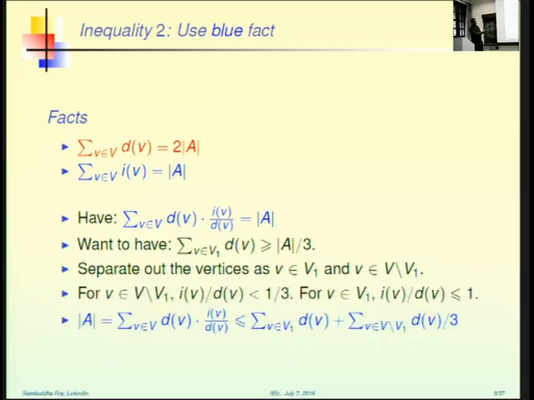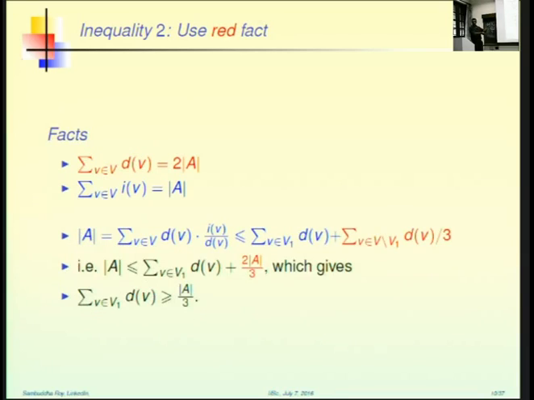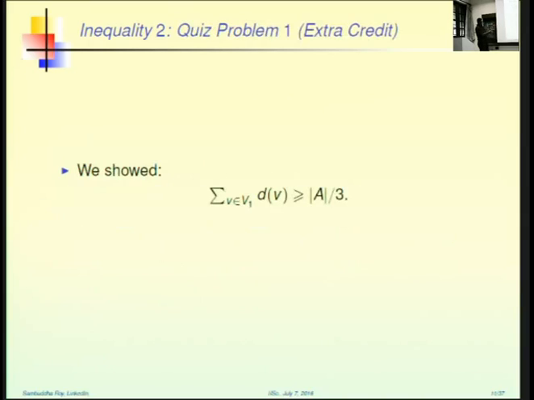So you do that accounting and you do some more calculations. The conceptual understanding of the calculations is clear, that you separate them out. What is crucial here is that there are two facts: one is twice of A and the other is A. But bottom line is that you get this.